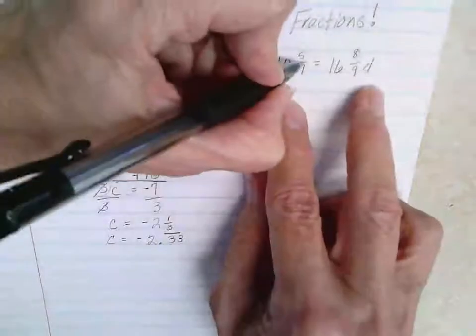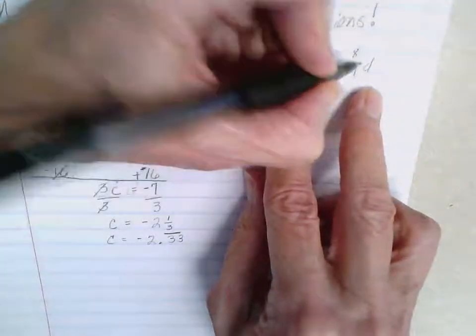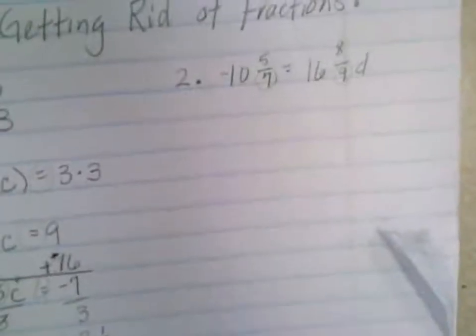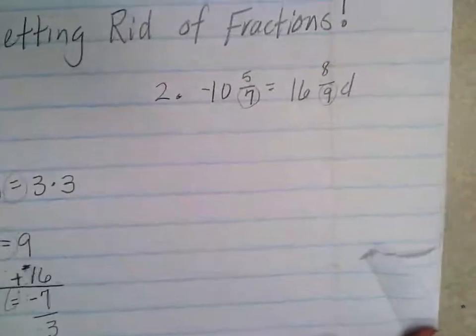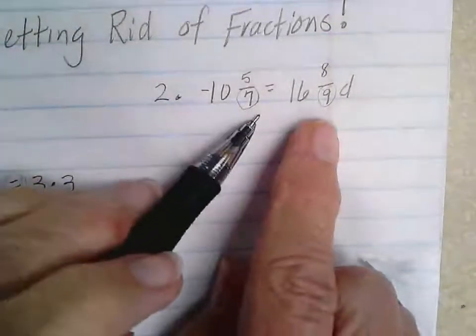So I look at my 2 denominators. I have 2 denominators in this problem, and I want to find the least common denominator that I can for these 2 numbers, 7 and 9.